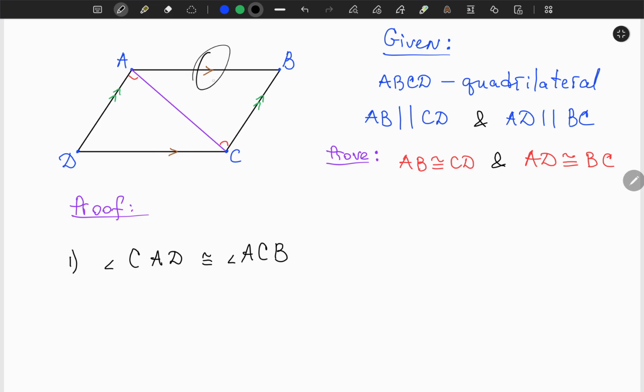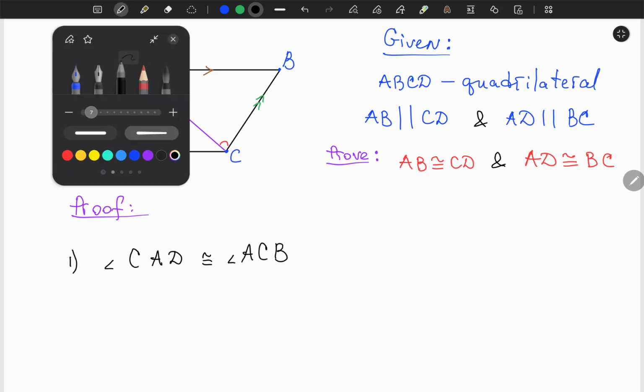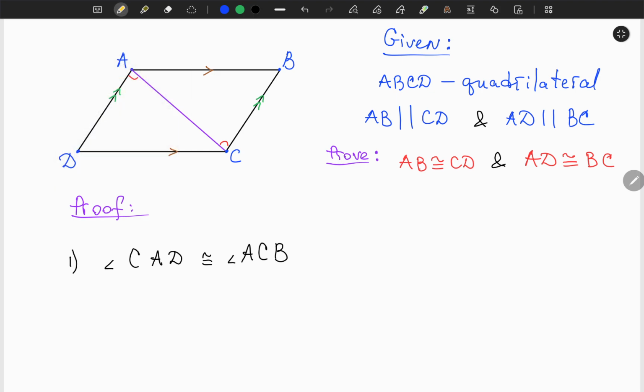AC is going to be transversal to these two parallel sides, so we can work with interior angles, that this angle is congruent to this angle.